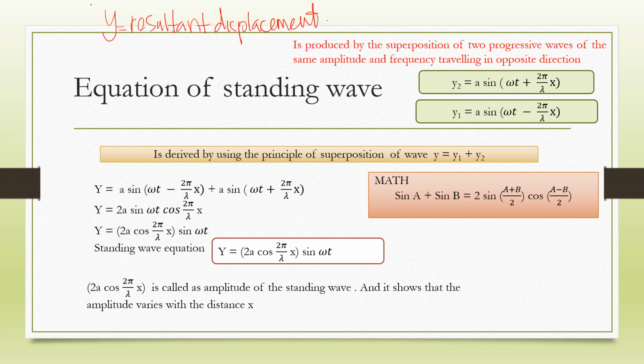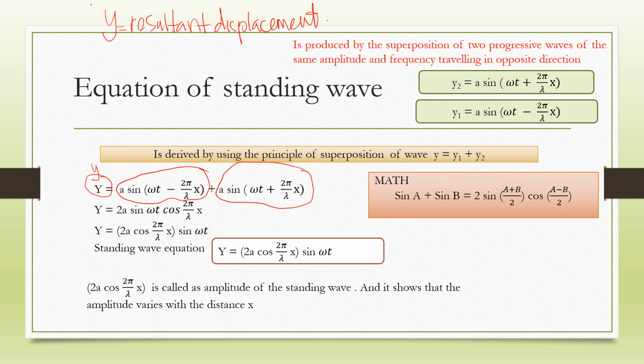All right. Now, what are we supposed to do first? So now we look here. This is y, the resultant displacement y. And then we take the first progressive wave and add the second progressive wave.